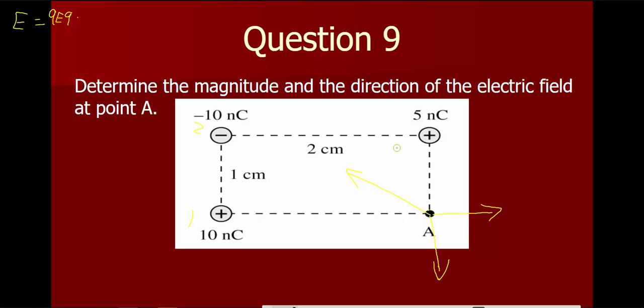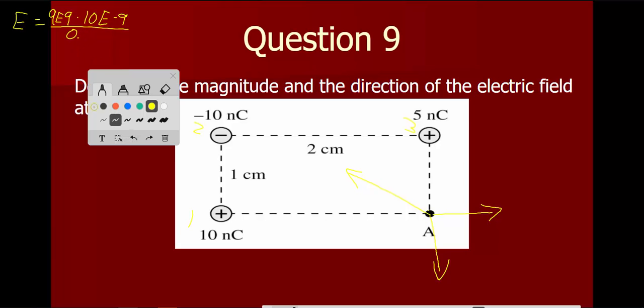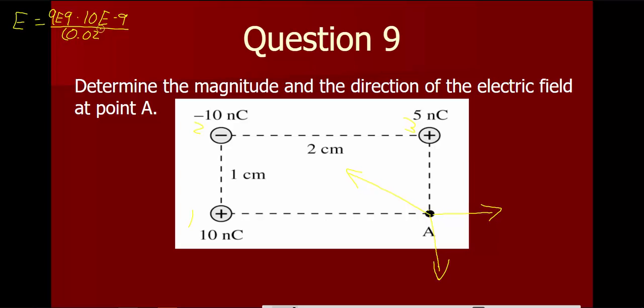I'll just say 1, 2, 3, make sure we know what we're talking about. So at point 1, this is 10 nanocoulombs, so 10 e to the negative 9 over the distance. What's that distance? So 2 centimeters is 0.02 meters, okay?